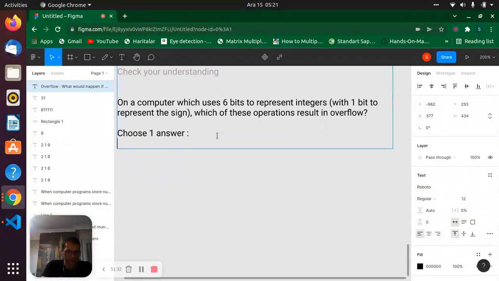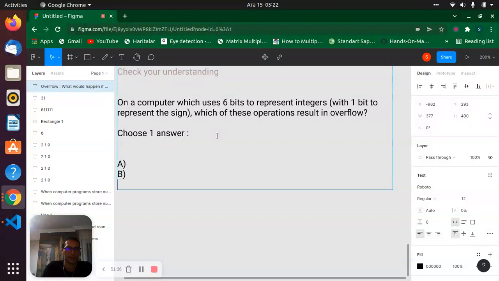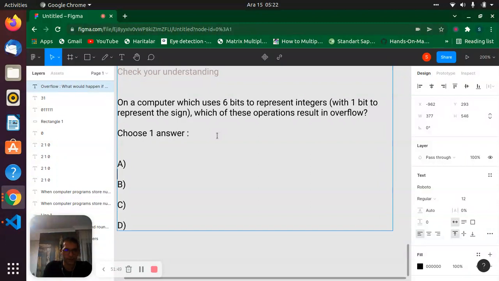Okay, let's look at the answer. So our options are A, B, C and D. A will be 15 plus 15. What will B be?